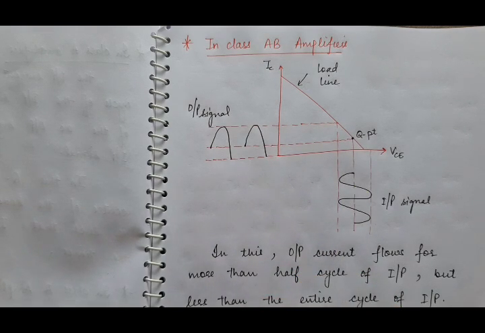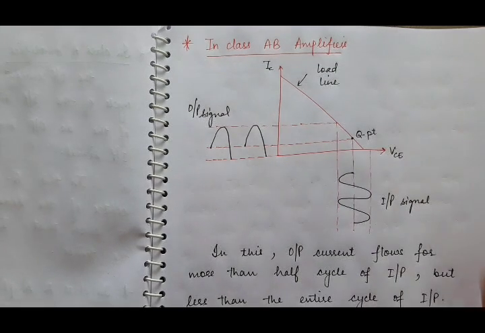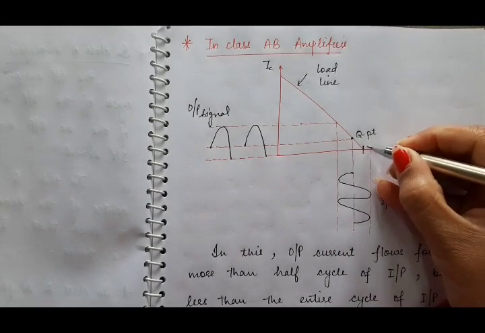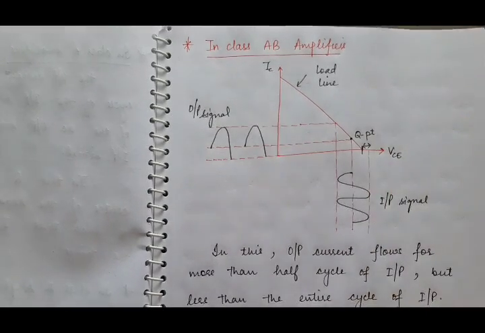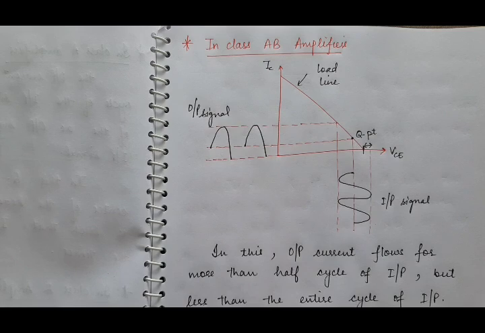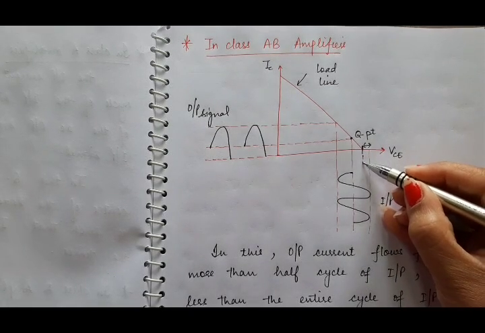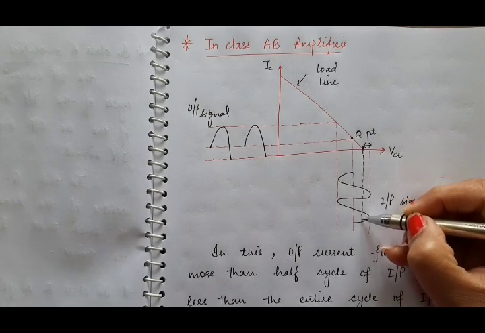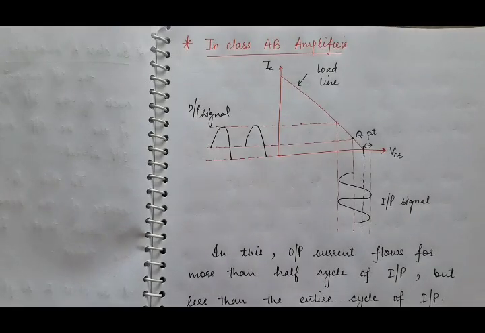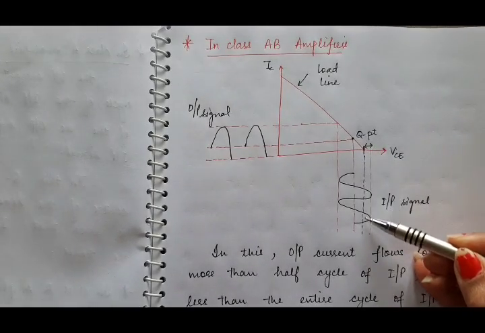So because of that, now you can see this portion is below cutoff. So there will be no output current or no output signal corresponding to this portion.